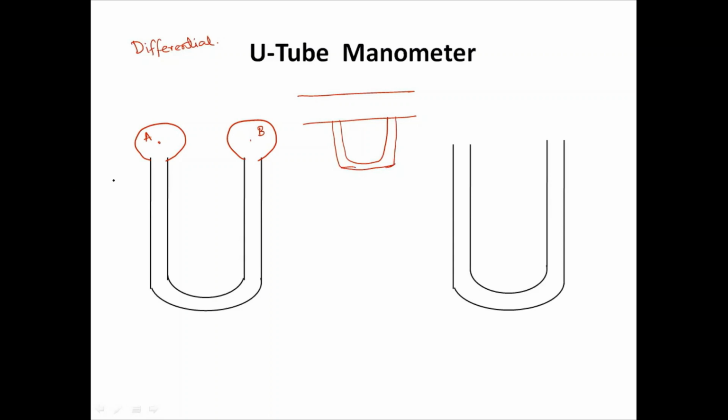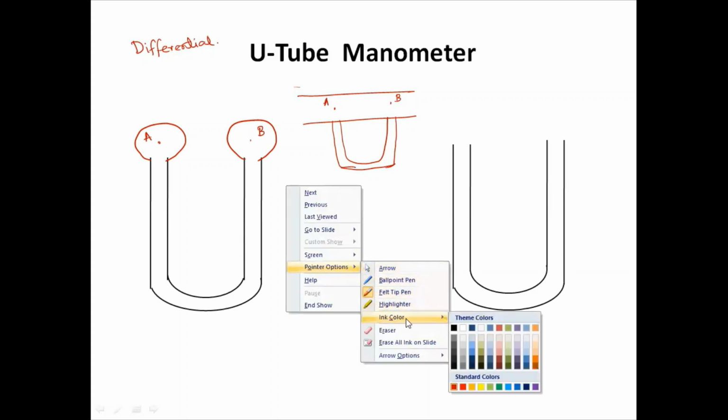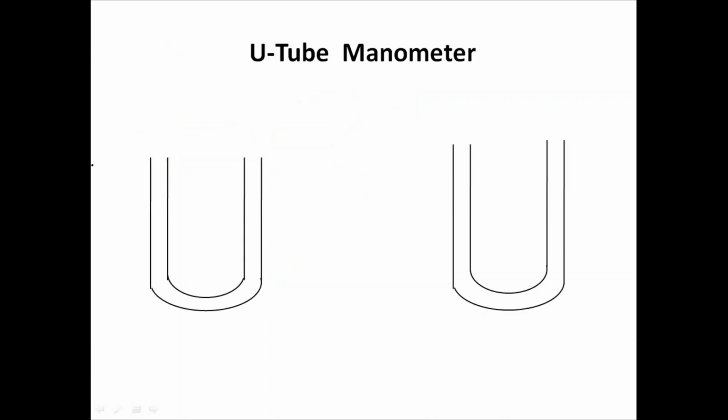This looks like this. Point A, point B. We are now going to find out the differential pressure between the two points. How to find it out, we'll see from the formula.